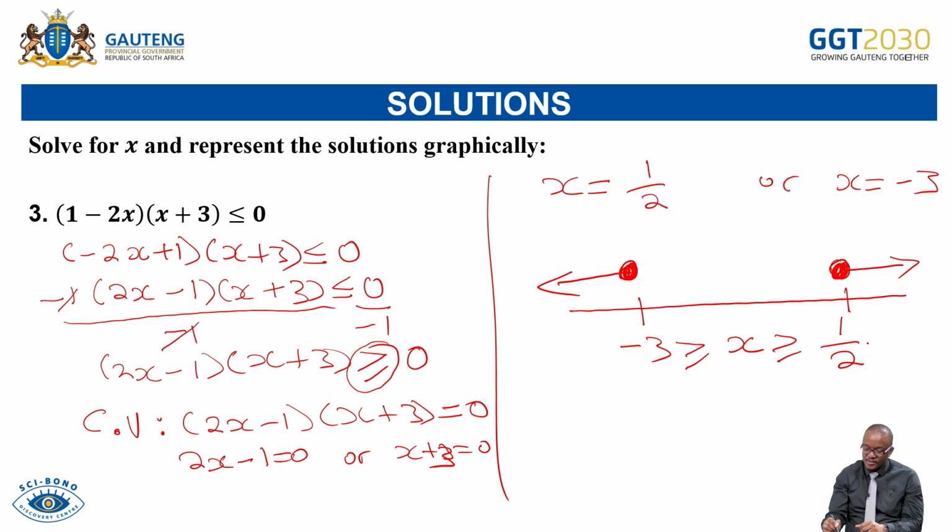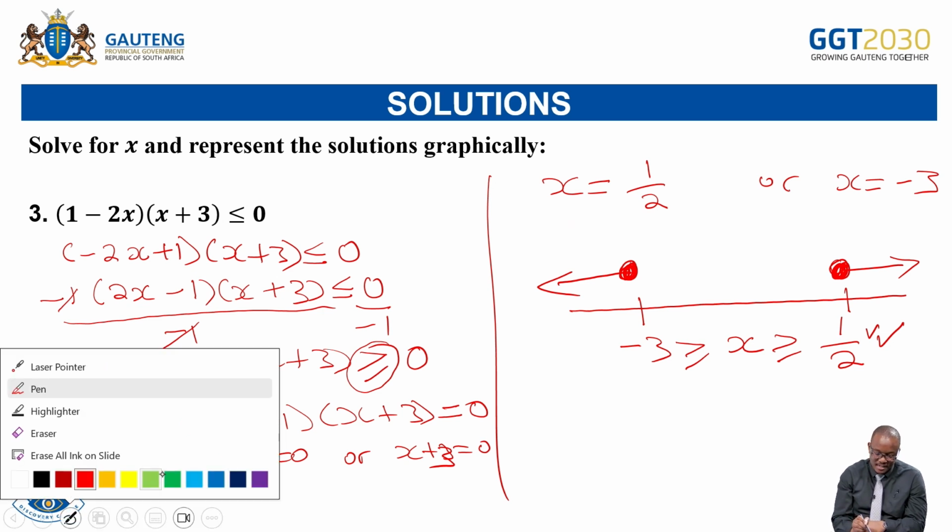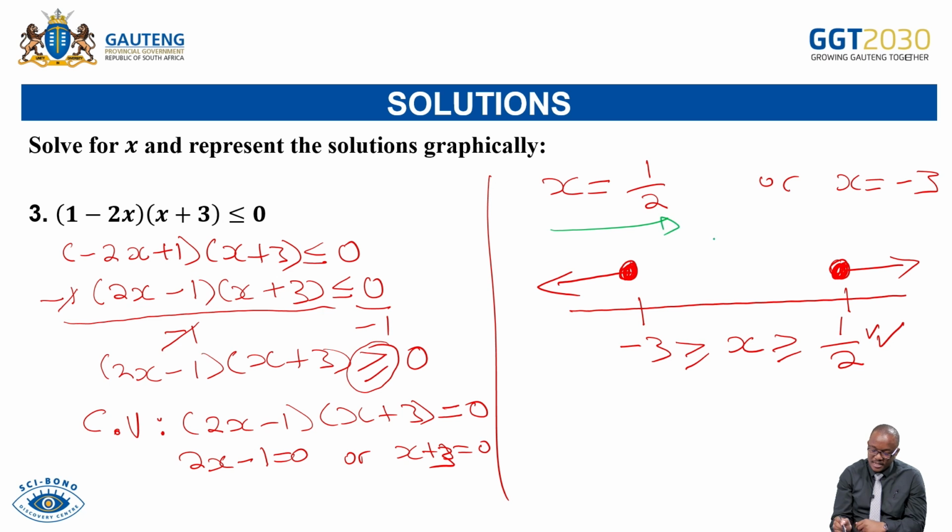It's very simple because the answer is like that one there. You leave it here, you leave it here. Most of the learners, they will leave their answers here where it says equal to. Even sometimes you can get 1 mark, because those are just critical values.